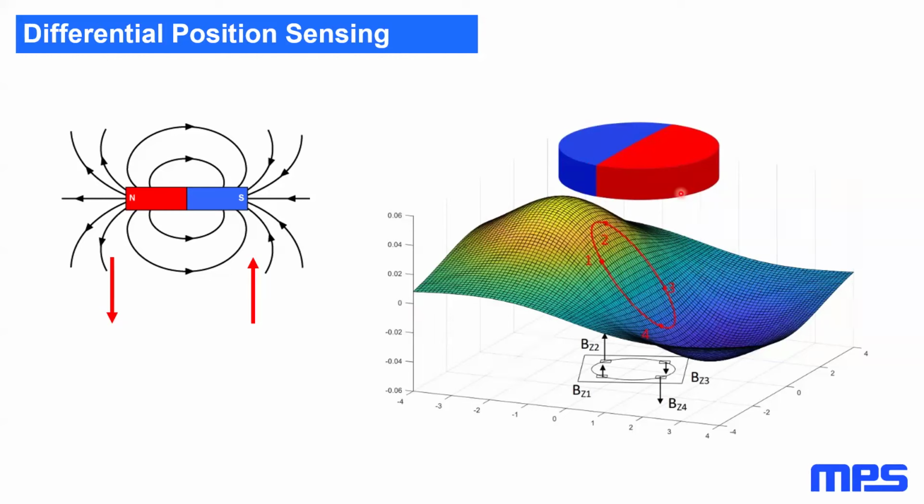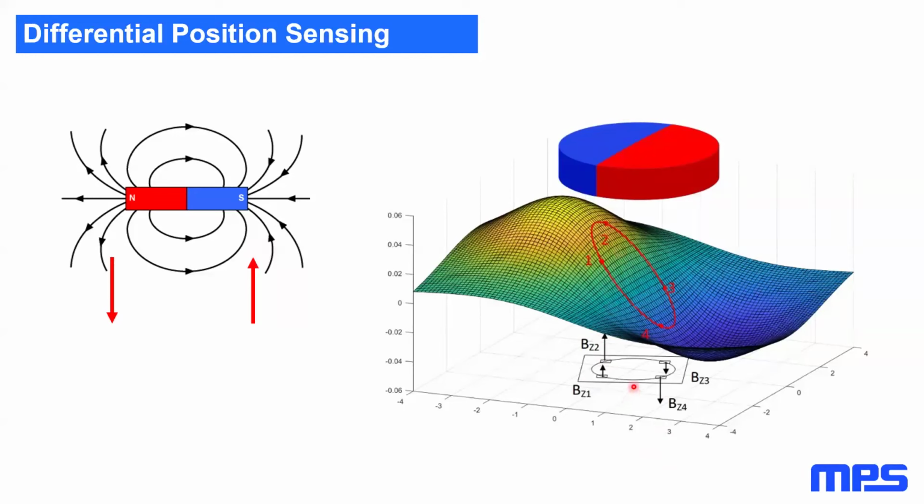Imagine now as this magnet rotates, you will see this entire map rotate, and so you'll see this maximum flux rotate from BZ2 to BZ3 to BZ4 to BZ1 to BZ2. And based on that differential pairing, we can determine the direction. If I have a uniform magnetic field that comes in, an external aggressor field that comes in and shifts this entire curve up, it doesn't matter.